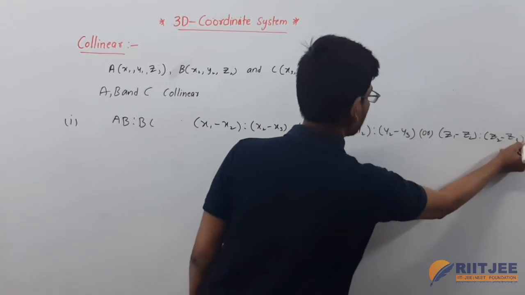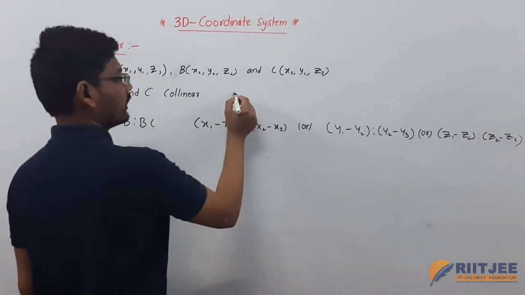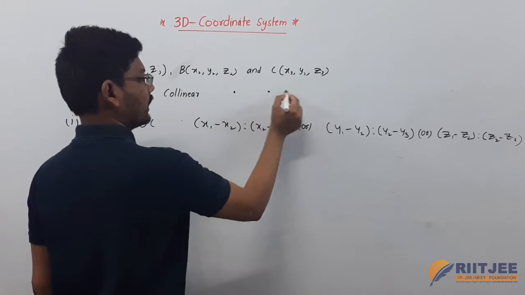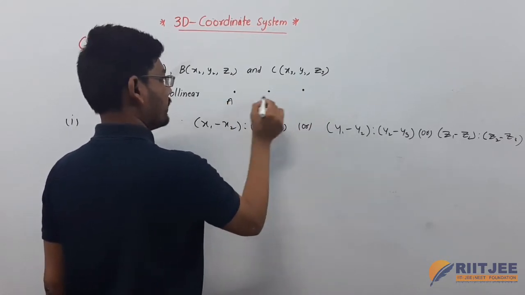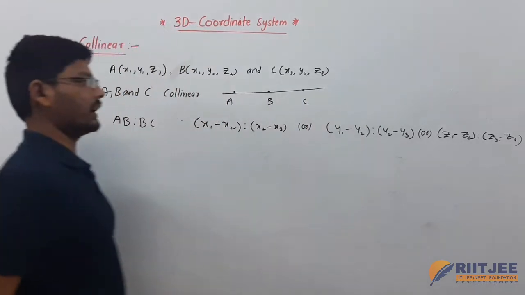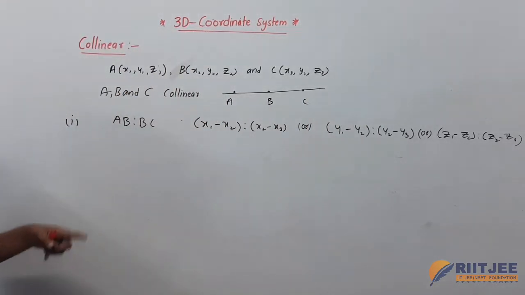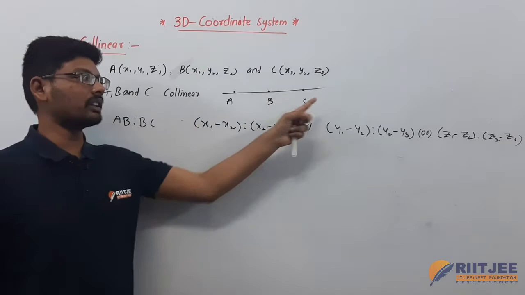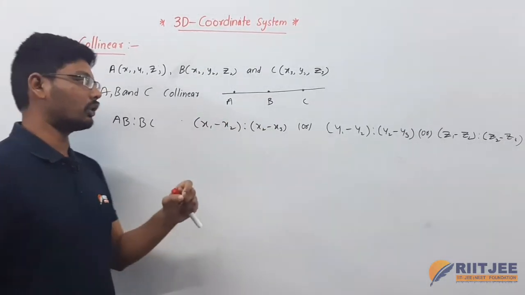This is the first case. Collinear means these 3 points A, B, C lie on the same line.